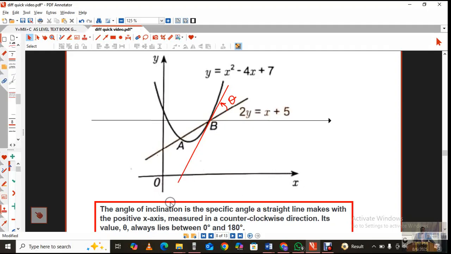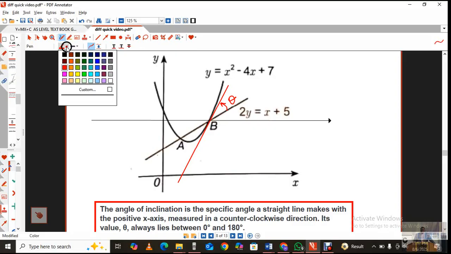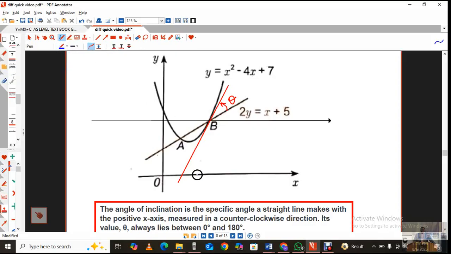Now, what we are looking for as the angle of inclination is this particular angle over here, which is going to be the same as this angle over there. But we're not looking for that whole angle.